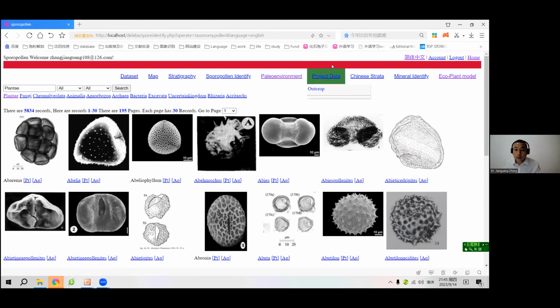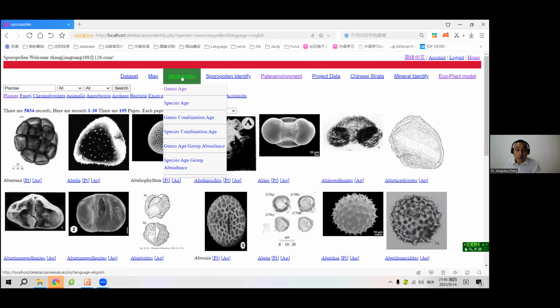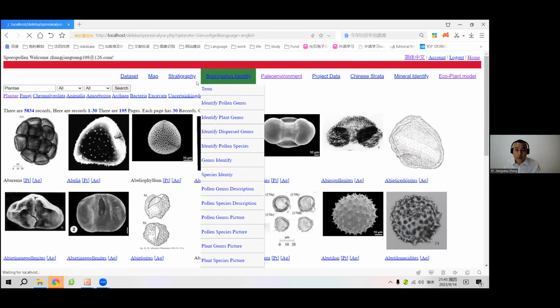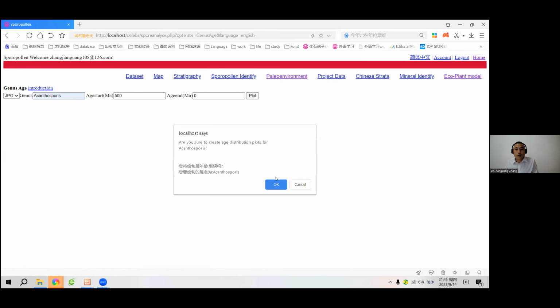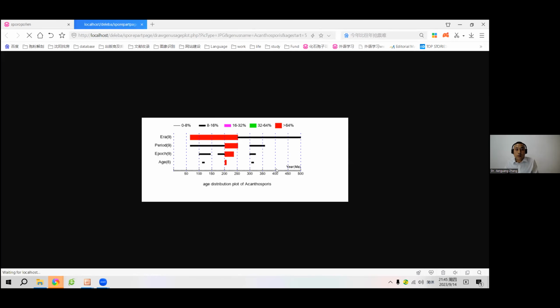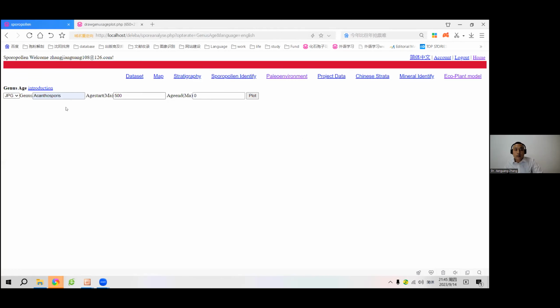Application? Yes. For example, for stratigraphic usage. So for the age distribution plot, for all the genera or species collected in this database, if you put a name inside, it will quickly give you an age distribution plot.